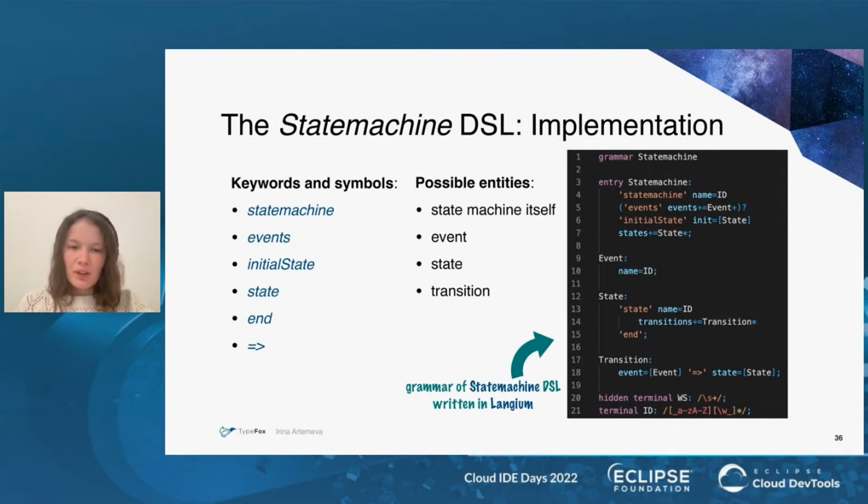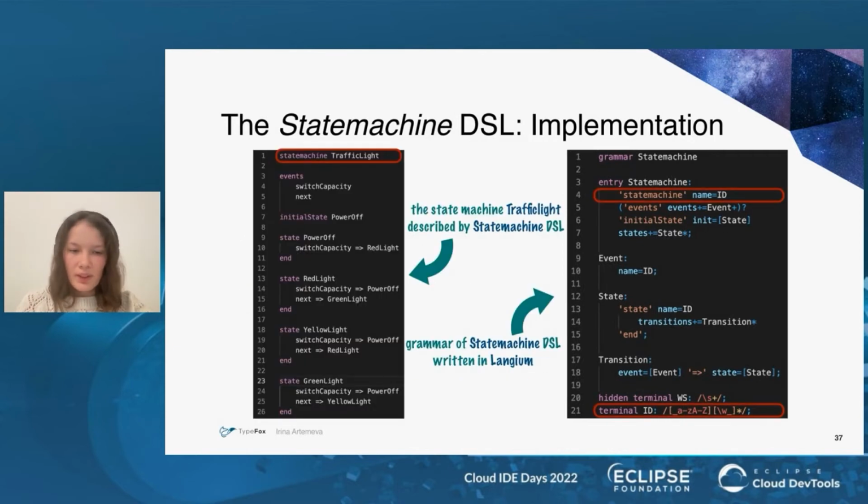Matching each element from this grammar with our traffic light example can help us understand the grammar better. So on the left side, you see the state machine code snippet that describes the traffic light state machine. Let's match each element with the grammar. So our code snippet starts with the keyword state machine and the name of our state machine.